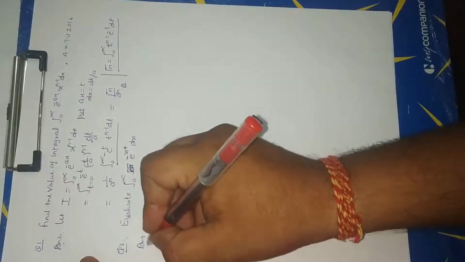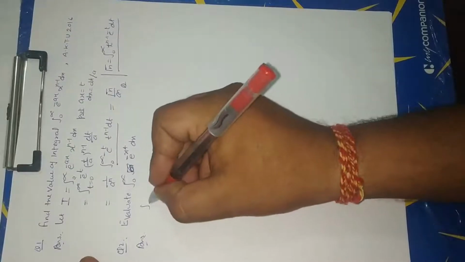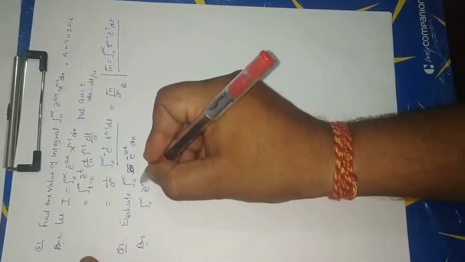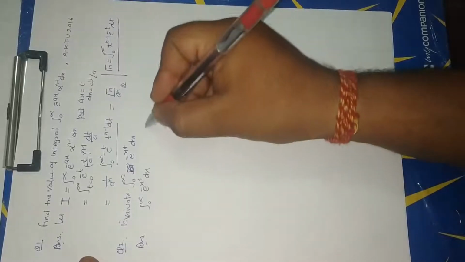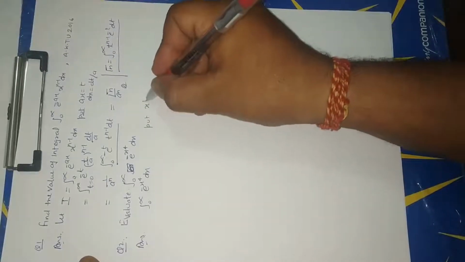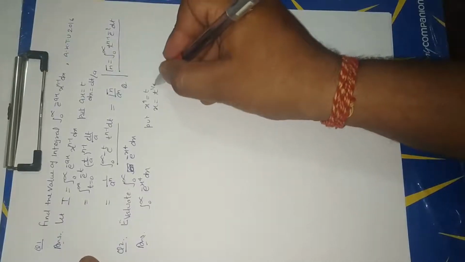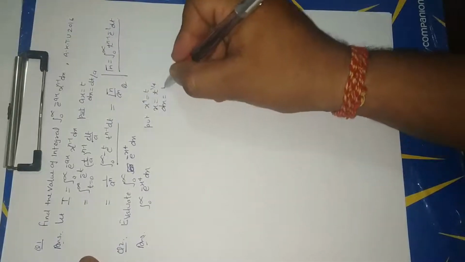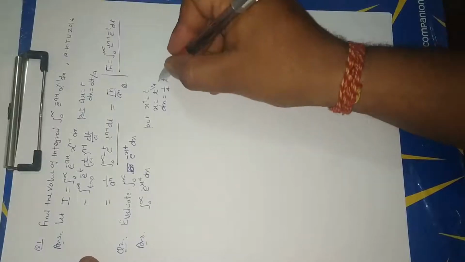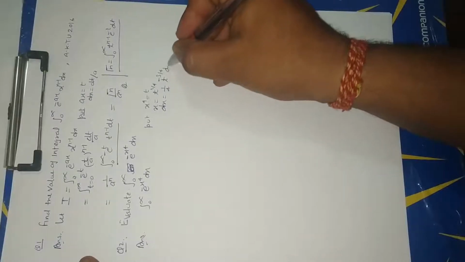Answer. Integral with limit 0 to infinity of e to the power minus x to the power 4 dx. Put x to the power 4 equal to t. Now x is equal to t to the power 1 upon 4. dx is equal to 1 upon 4 t to the power minus 3 by 4 dt.